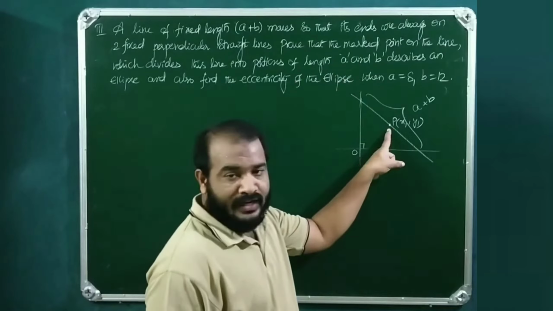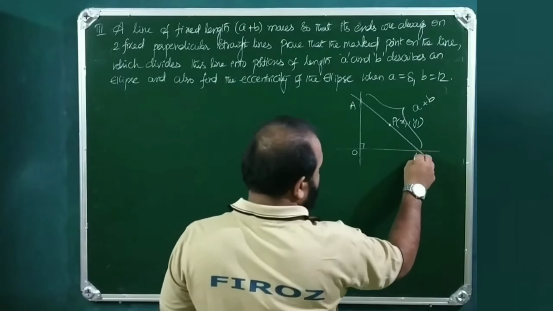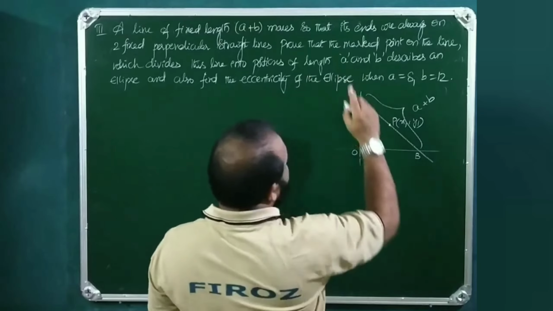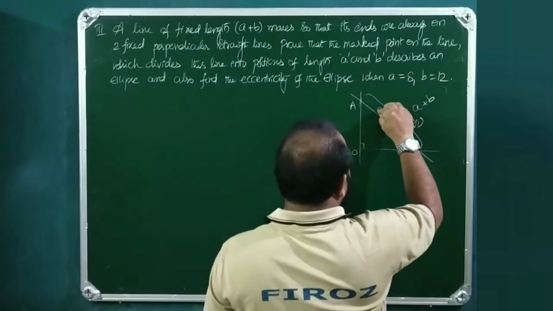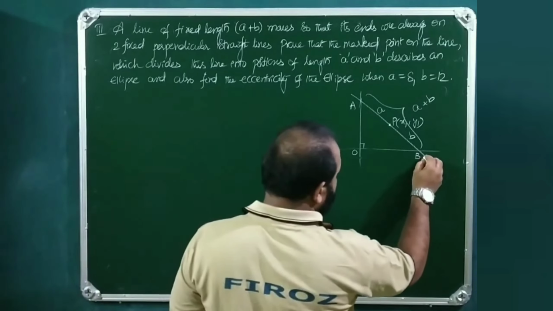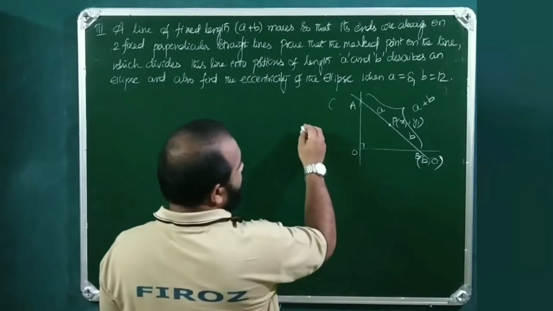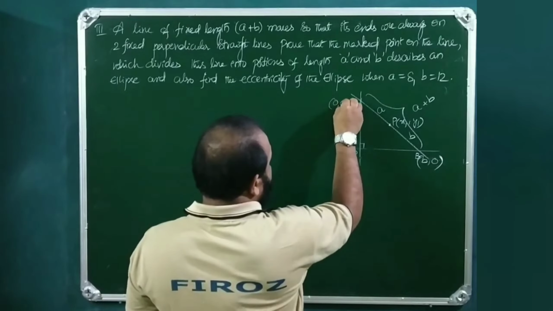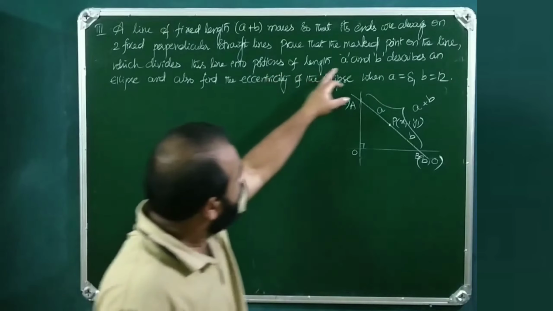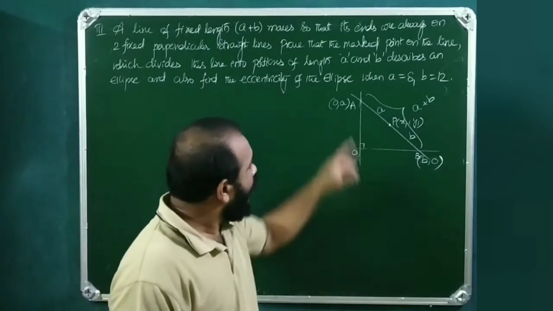So this P divides this line AB into portions of lengths A and B. So this is A and this is B. So that means this is (B, 0) and this is (0, A), into portions of length A, describes an ellipse, and also find the eccentricity of the ellipse.